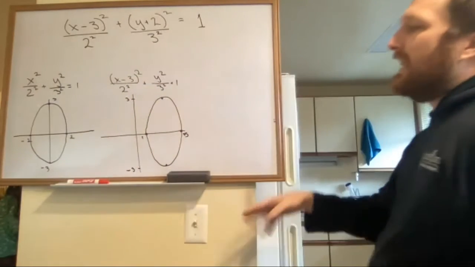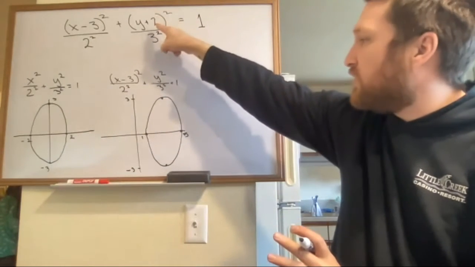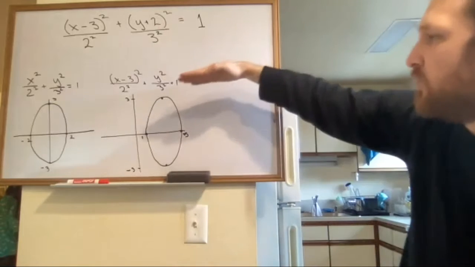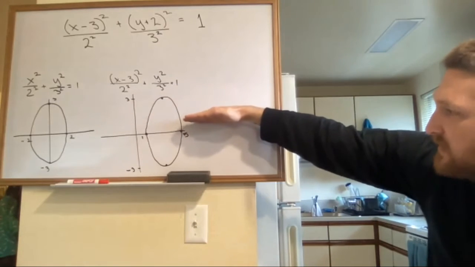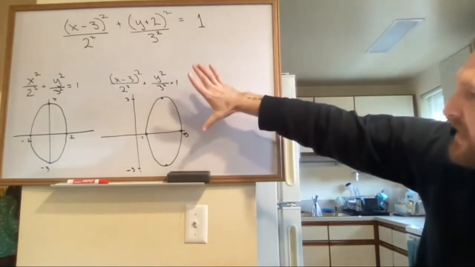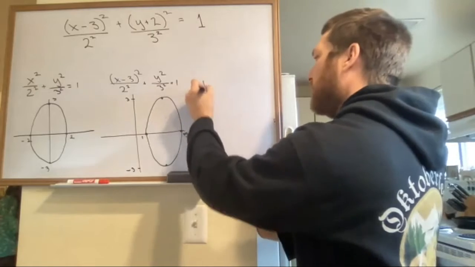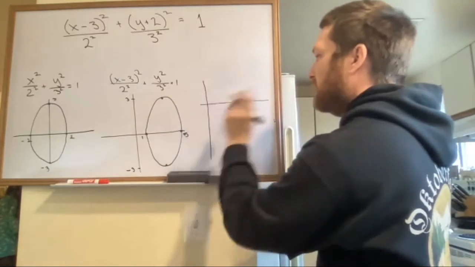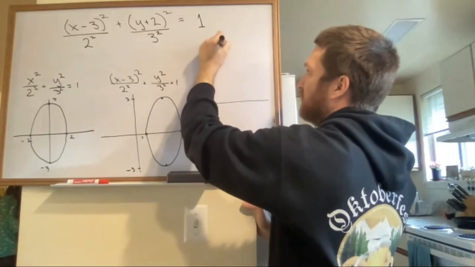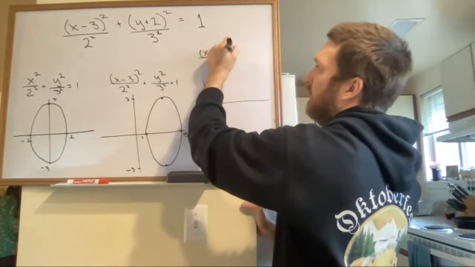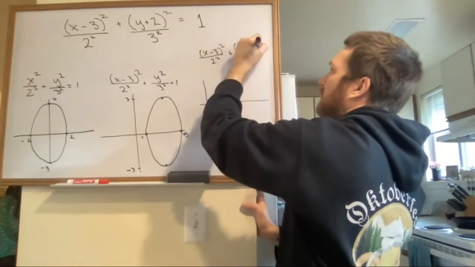Just like that. Now, finally, I'm going to do my shift down by 2 units. And I can see what that's going to do. He's going to take that 3 that's up here and move it down 1, 2 units up here to +1. And everybody else should shift down. So finally, what I'm graphing is this guy that we wanted to graph, x minus 3 squared over 2 squared plus y plus 2 squared over 3 squared equals 1.